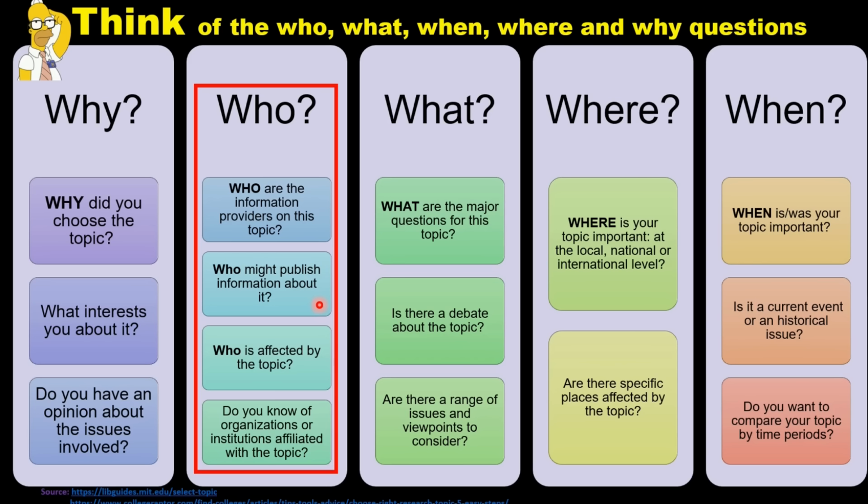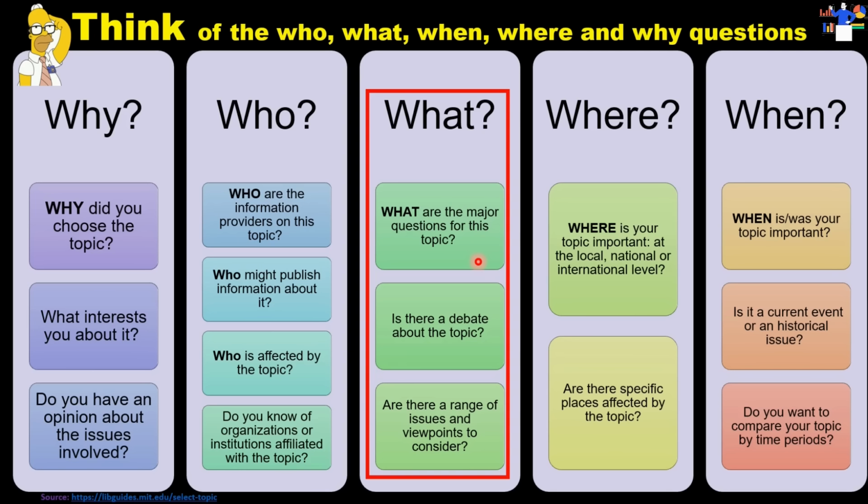It is also important to think which institutions or organizations or research groups or universities are affiliated with the topic of your interest. Think about the major questions for this topic and whether this topic is in debate. Is this topic in debate? If it is, this is good for you. Think of the range of issues and points of view that you could consider in your research.